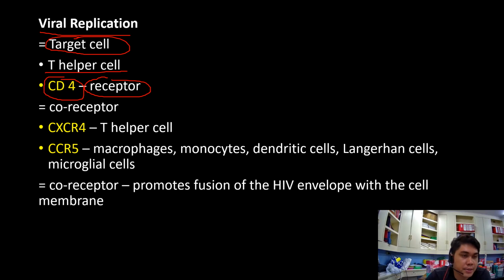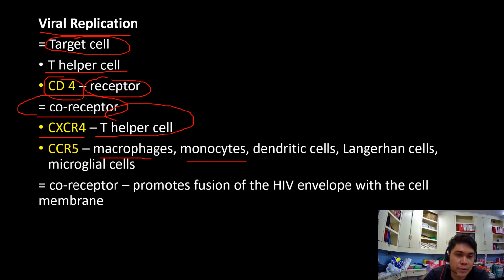Next, for successful fusion of HIV with the host cell, it needs the presence of a co-receptor. For the T helper cell, the co-receptor is CXCR4. For macrophages, monocytes, dendritic cells, Langerhans cells, and microglial cells, it is CCR5.